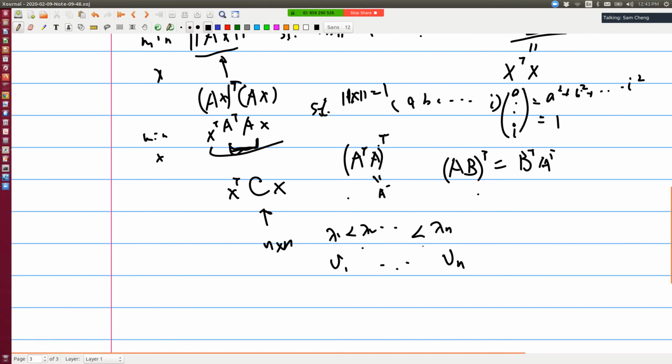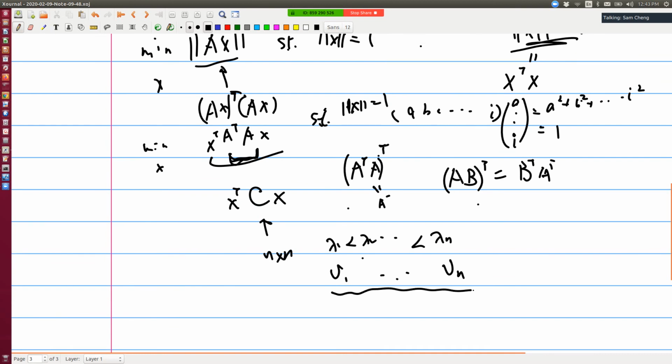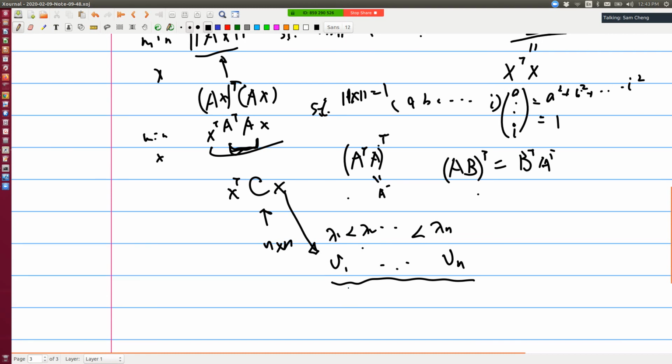Now note that because this is a basis, any x I can represent by a linear combination of this basis, right?